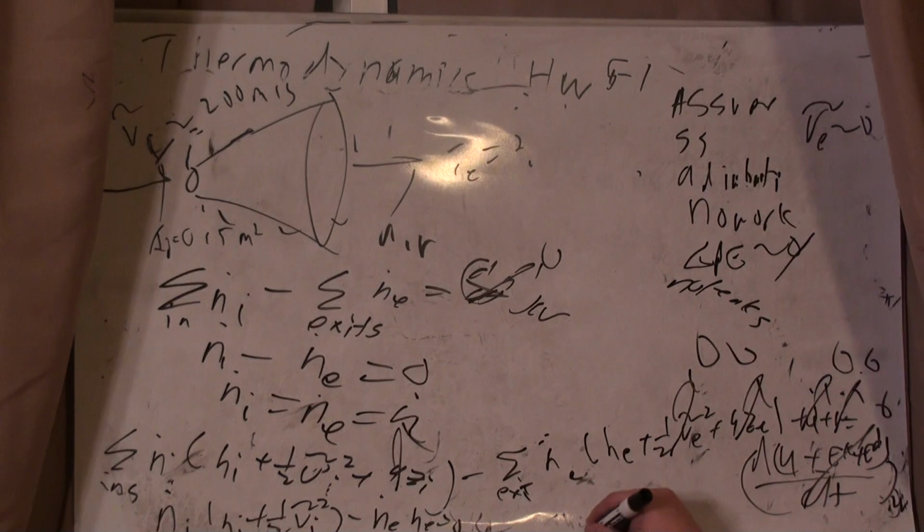Okay. Now I need to decide, okay, what do I have? Do I have steam? Do I have an ideal gas? Or do I have a real system? Well, it says air. Well, last time I checked, air is pretty darn close to an ideal gas. And so this becomes the integral of Cp dT of air from T inlet to T exit.